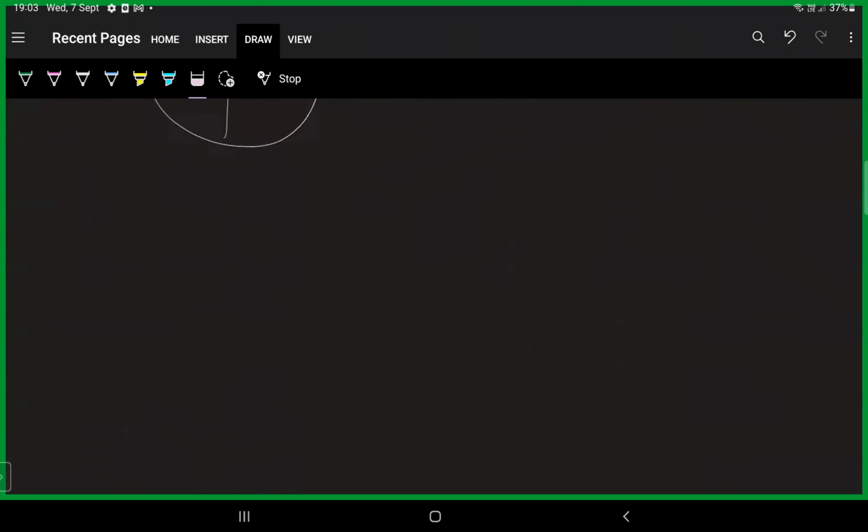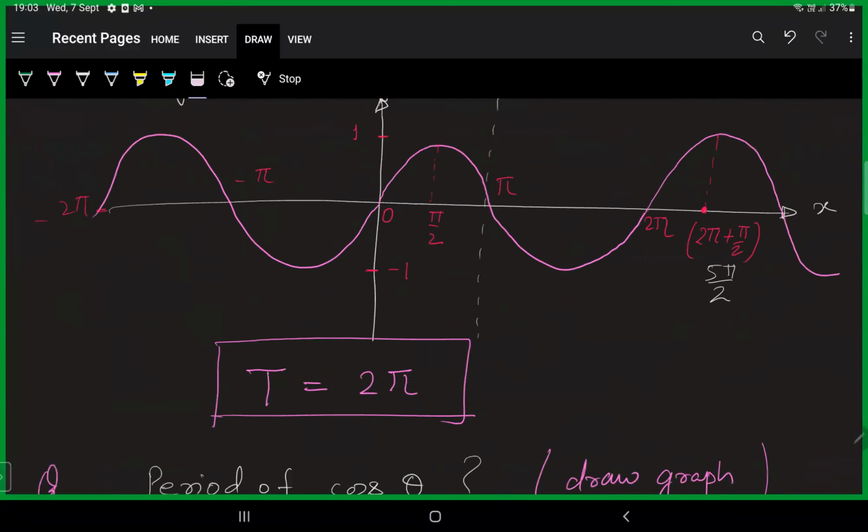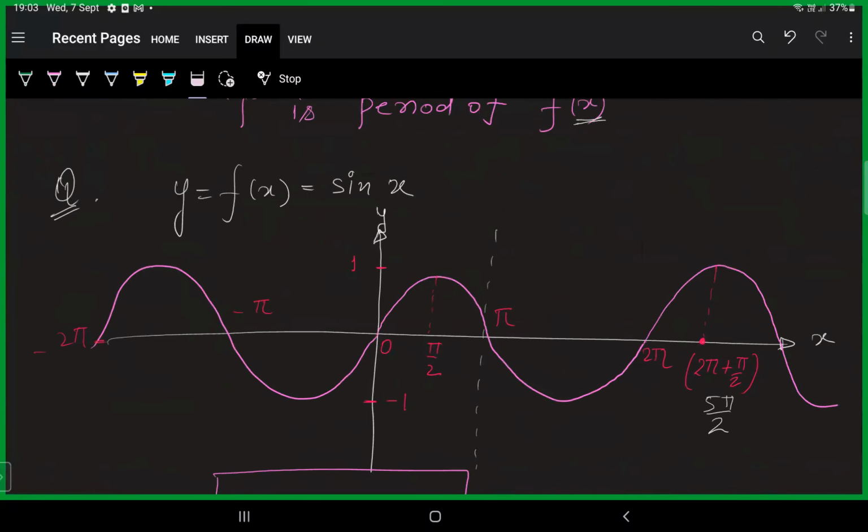Achha, theek hai. Which curve did I ask you to draw? Cot, right? So why is it taking so much time? I don't get it. This is sine, right? Oi, listen, Naveen. This is sine of x. Everyone listen properly.